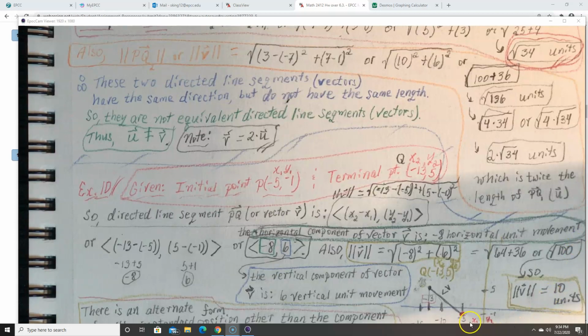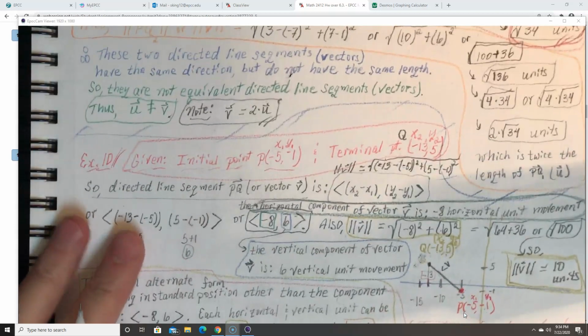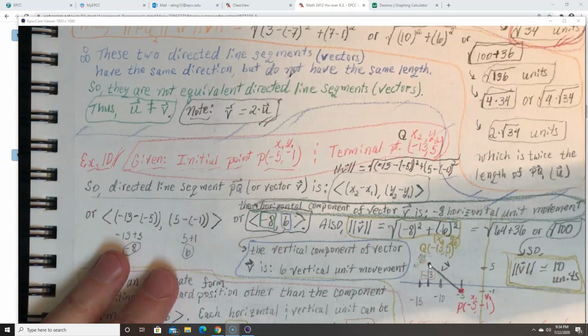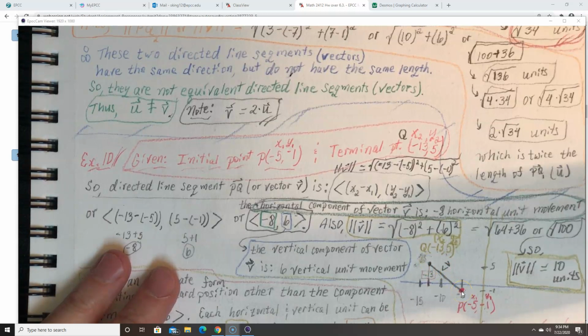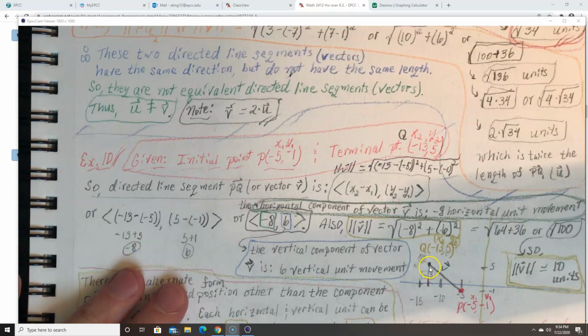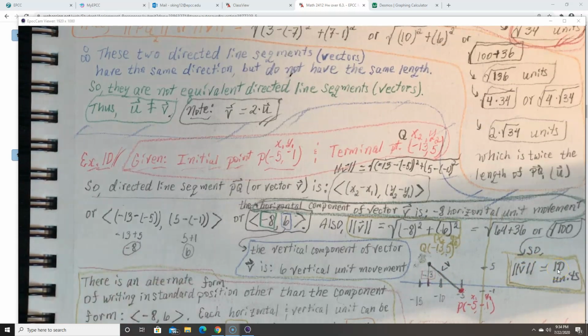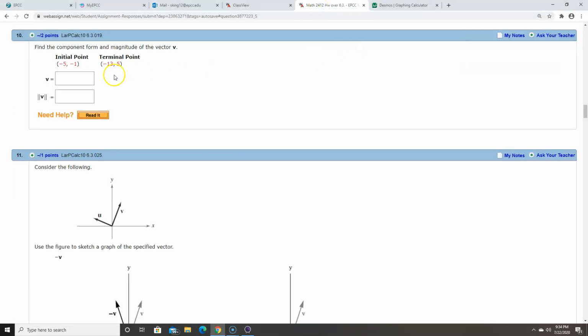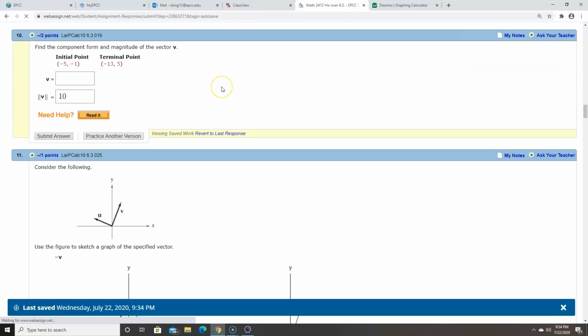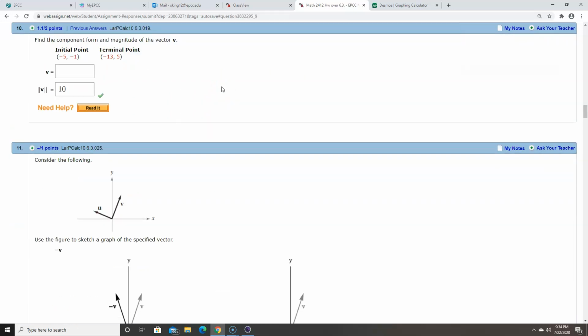So this magnitude from initial point P to terminal point Q, the magnitude of the directed line segment PQ, or we say the magnitude or length of vector V, is 10 units. So that's right here. Okay, very good.